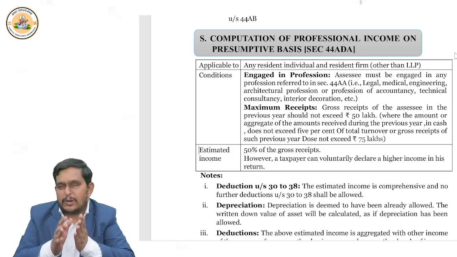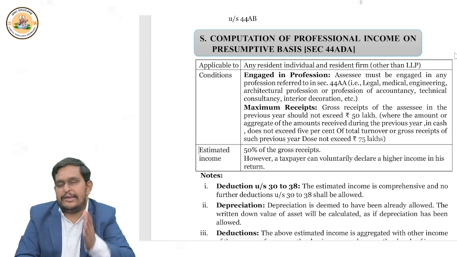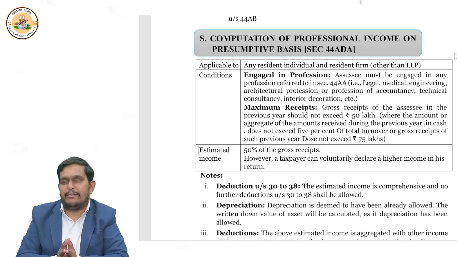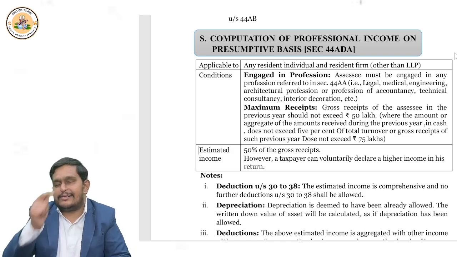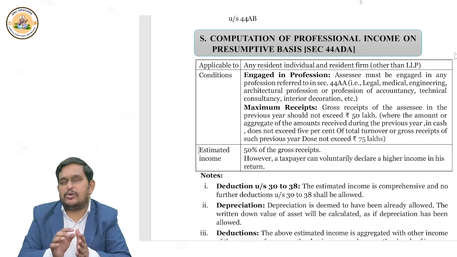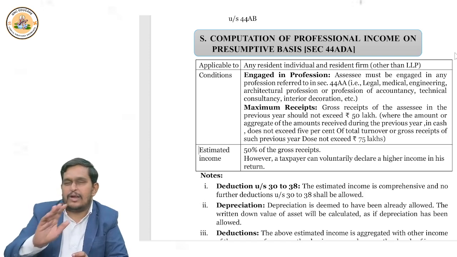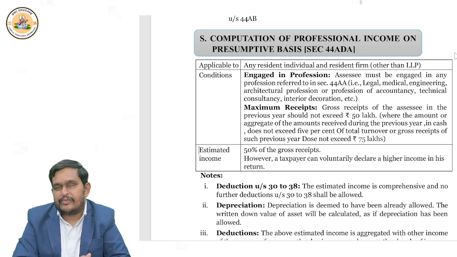So we are talking about professionals. It can be an individual, it can be a firm. It cannot be a family business. That's why this section is applicable to resident individual, resident partnership firm, not to LLP, not to Hindu undivided family. Obviously not to other assessees also.